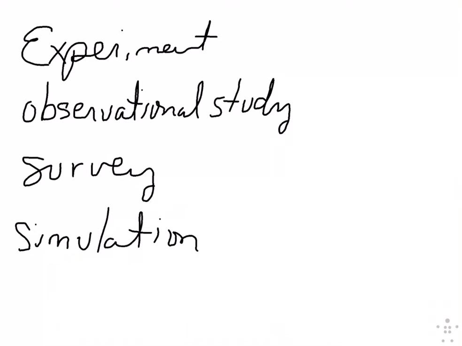Now, these are ways or methods of collecting data. So you know what data is. It's not always numbers. It could be anything. But these are ways we can collect it. We can run an experiment. We can have an observational study. We can conduct surveys. Or we can actually simulate what's going on.